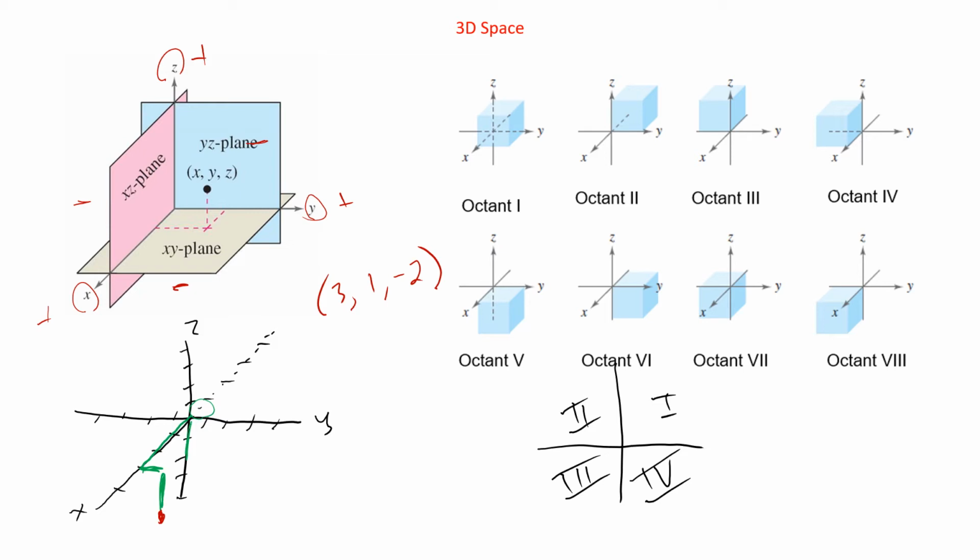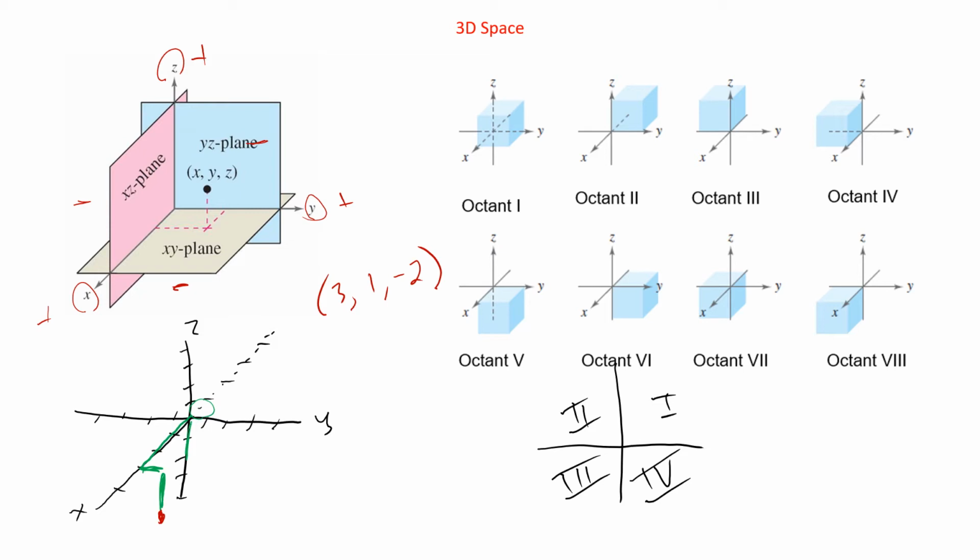Now, they actually go in basically the same order as the quadrants. Octants 1, 2, 3, 4 are the same thing as quadrants 1, 2, 3, 4, where z is positive. Octants 5, 6, 7, 8 are the same as 1, 2, 3, 4, except z is negative. So like quadrant 1, x and y are positive, z is positive.